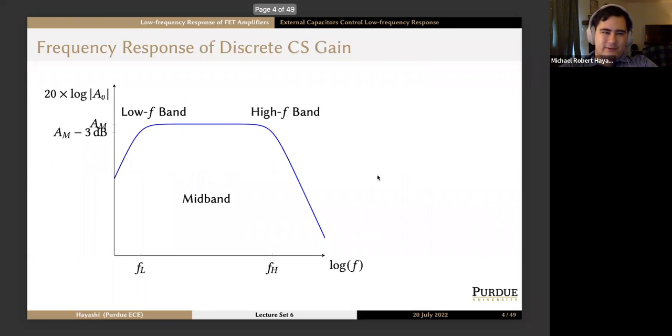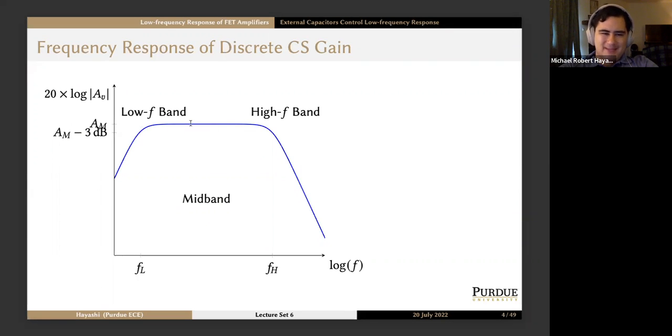So let's take a look at the frequency response of a discrete common source amplifier. CS is common source amplifier, and here's the gain. We talked about mid-band before, in between FL and FH, which are our lower and upper cutoff frequencies, or half power frequencies, if you remember that term from lecture set 29.